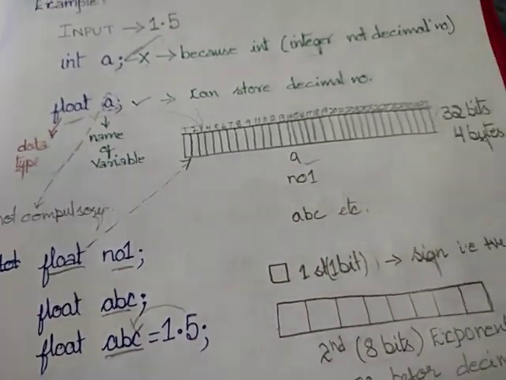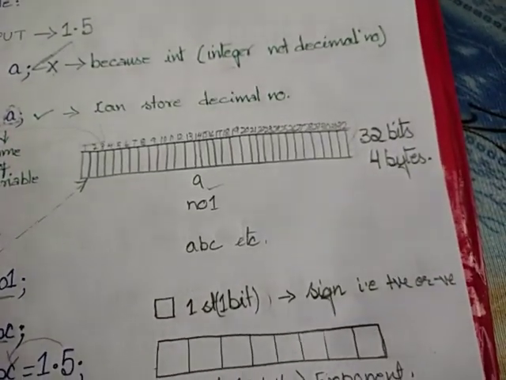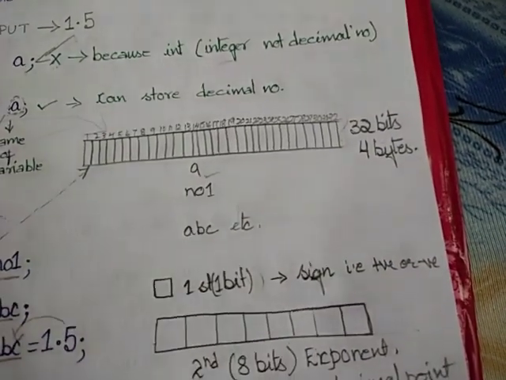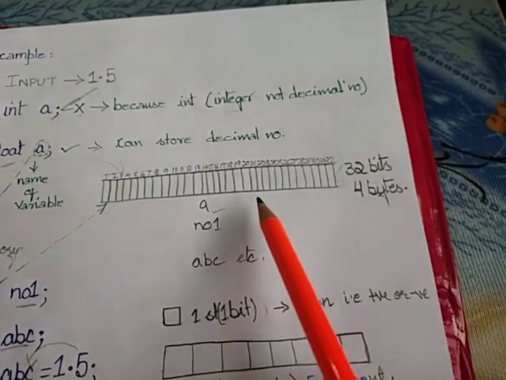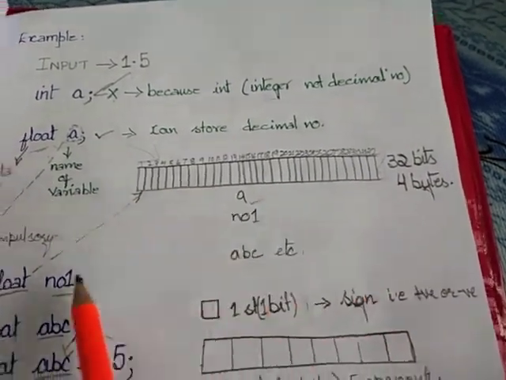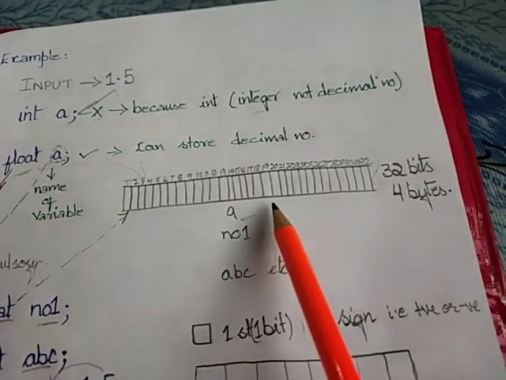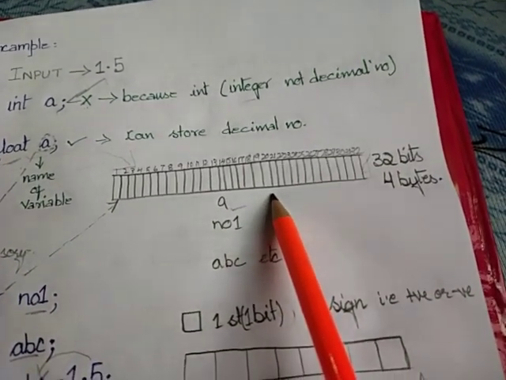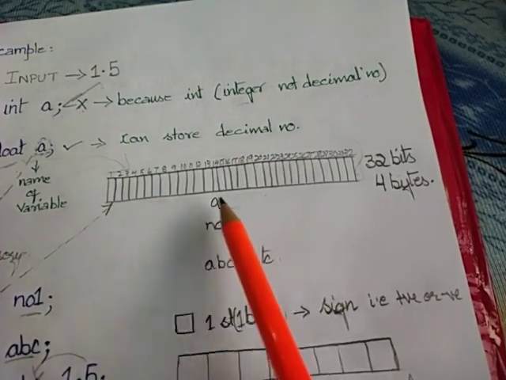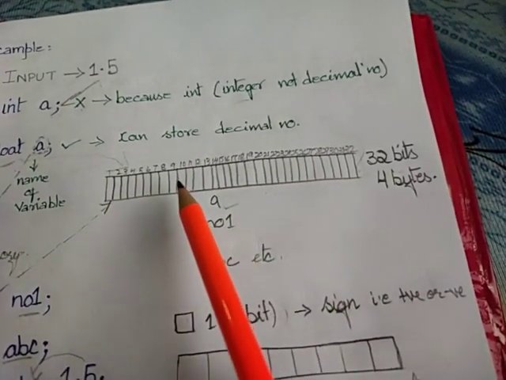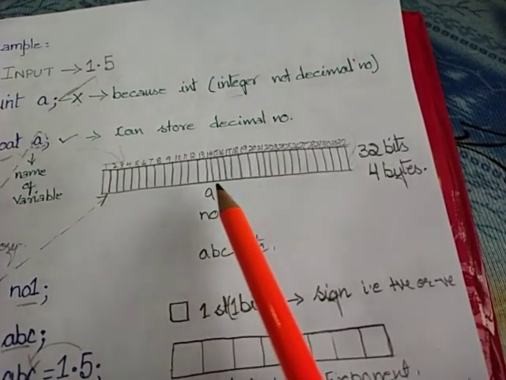Now let's talk about the memory. Over here, I mentioned that the moment you use float, it will reserve or allocate 32 bits in the memory. So this 32 bits of memory gets divided into 3 parts.